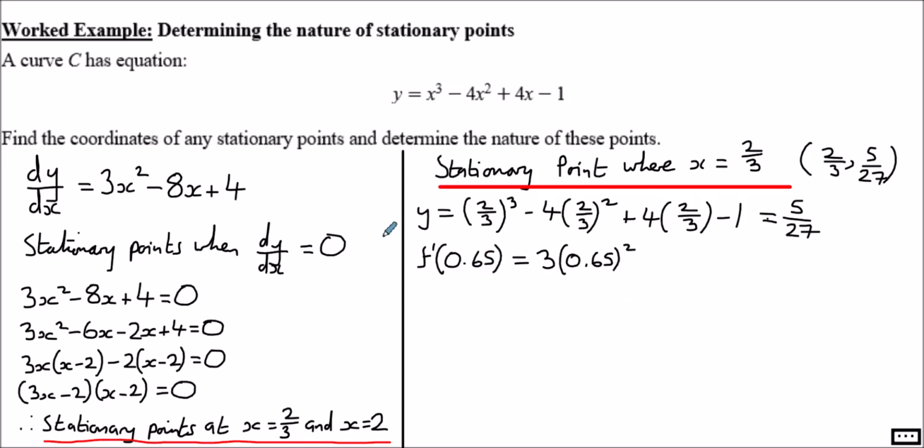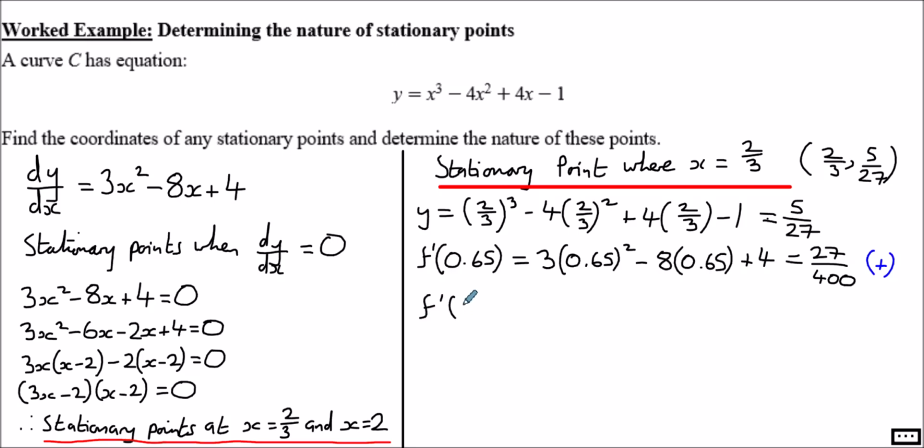Anyway, carrying on. So 3 lots of 0.65 squared minus 8 lots of 0.65 plus 4. So unless I'm mistaken, that is 27 over 400. Which, the main thing is, that's a positive value. Now we take a point just after 0.66666.